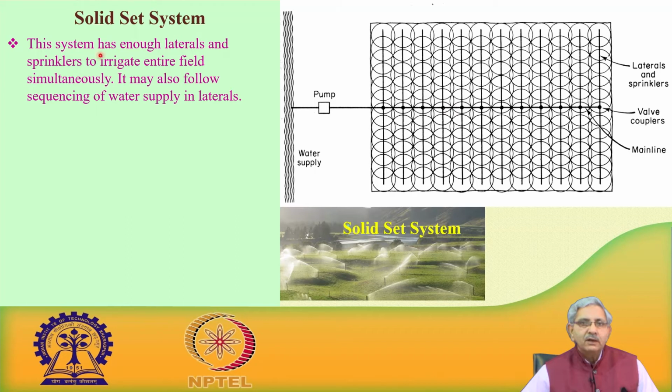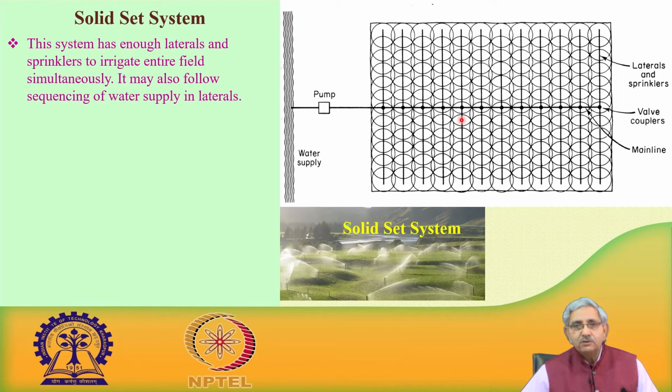Another kind of system you see here is the solid set system. As the name says, this type of system has enough laterals which can be operated simultaneously at one time, particularly when frost or snowfall occurs, to protect the crop from snow injury, particularly in apple irrigation.